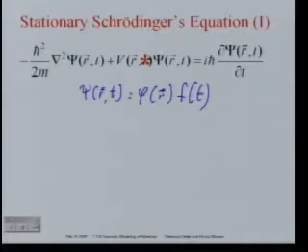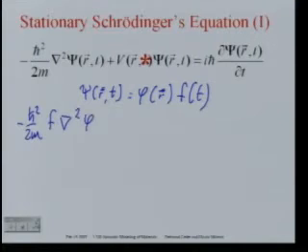It's very easy to work out, because whenever we apply the Laplacian, the second derivative with respect to space, we don't act on the f component of the wave function, the time-dependent component. So the Laplacian of psi can be written as f times the Laplacian of phi.